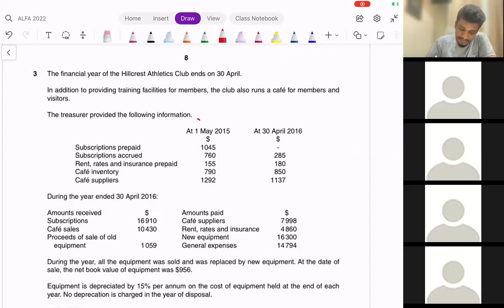So this is my opening balances, and the 30th April is the closing balances. Total money received, total money paid.